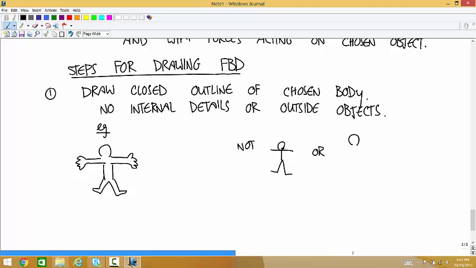Also, what about this? No, because there's nothing to be smiling about. No, because the face is internal details, okay? The whole point of this is just to be clear about what the boundary is between your chosen body and the stuff that's not your chosen body.